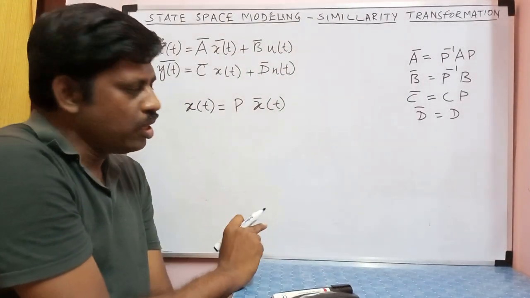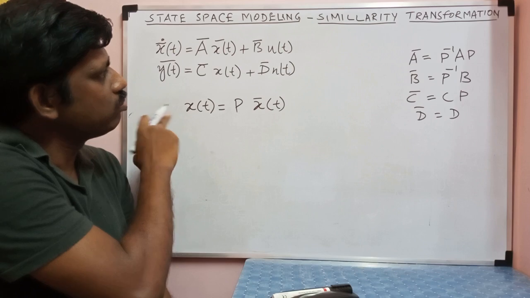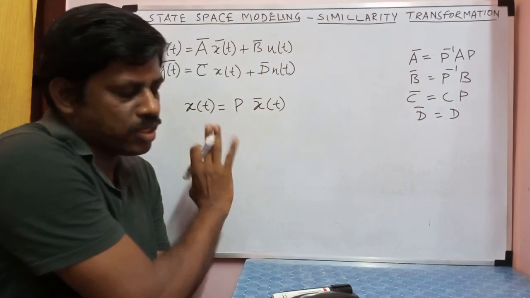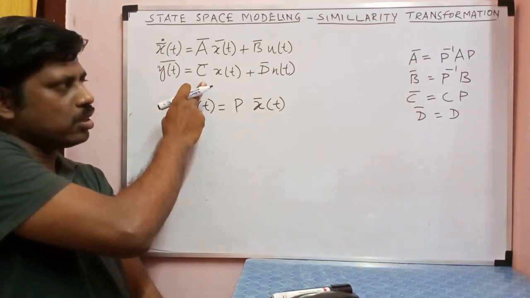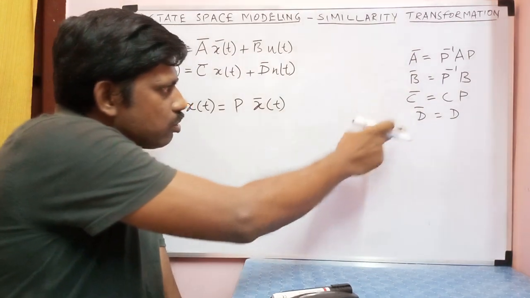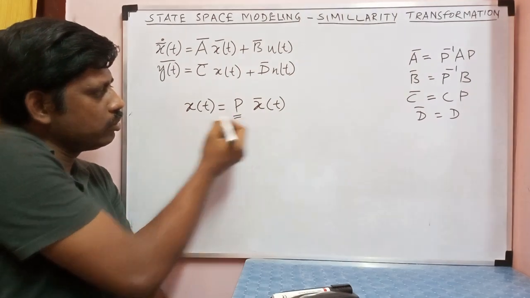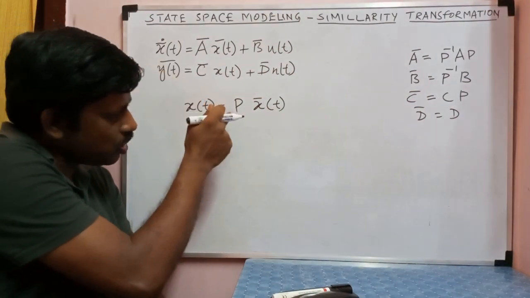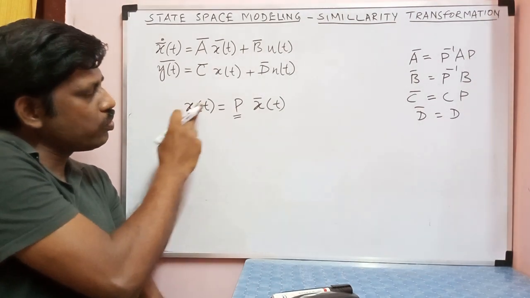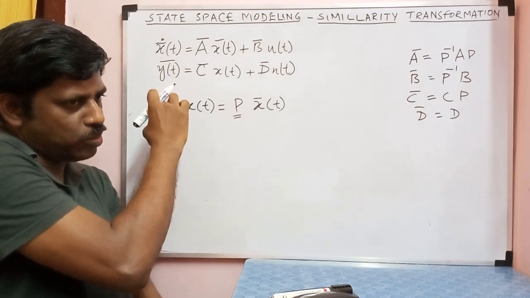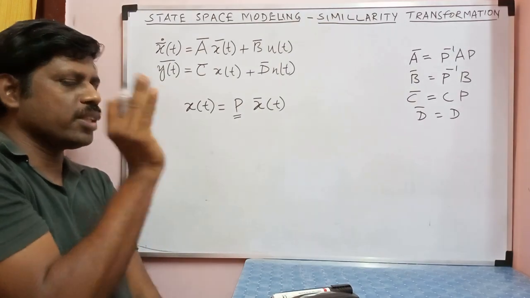So if I want to transform this original state space equation into a transformed state space equation with matrices represented in canonical forms, I want to find the specific P matrix which will transform my original model to the controllability canonical form or the observability canonical form.